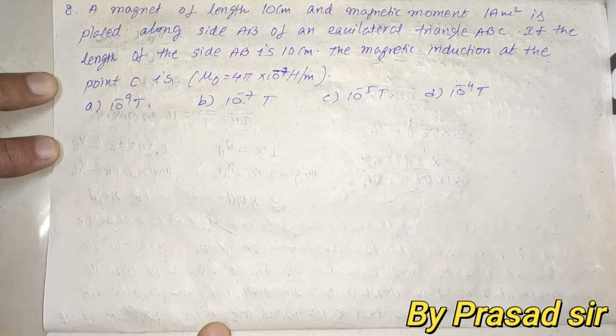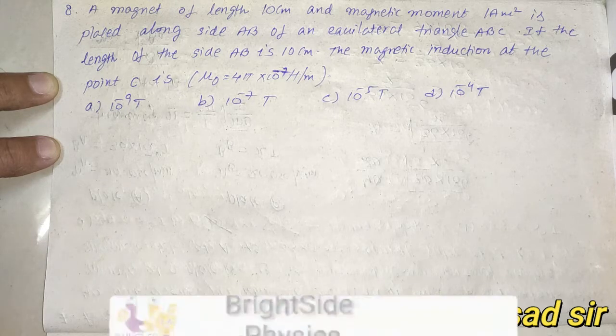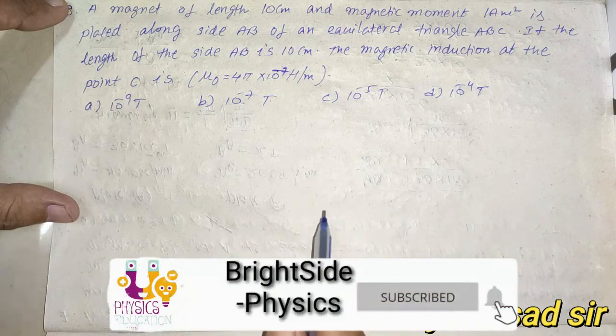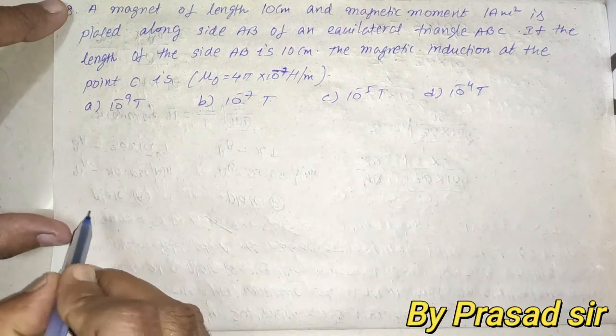Here the question number 8. A magnet of length 10 centimeters and magnetic moment 1 ampere meter square is placed alongside AB of an equilateral triangle ABC. If the length of the side AB is 10 centimeters, the magnetic induction at a point C is how much? So first of all, a magnet of length 10 centimeter that is given.